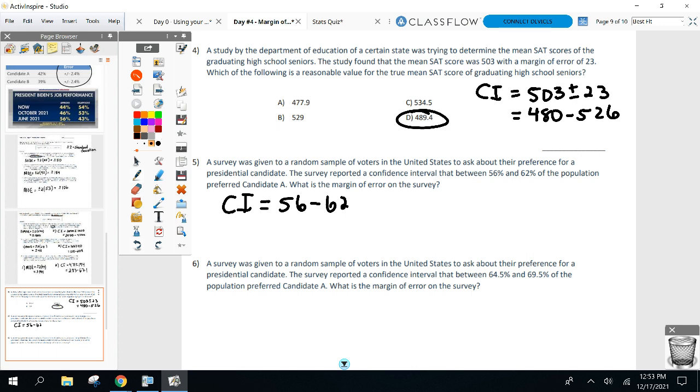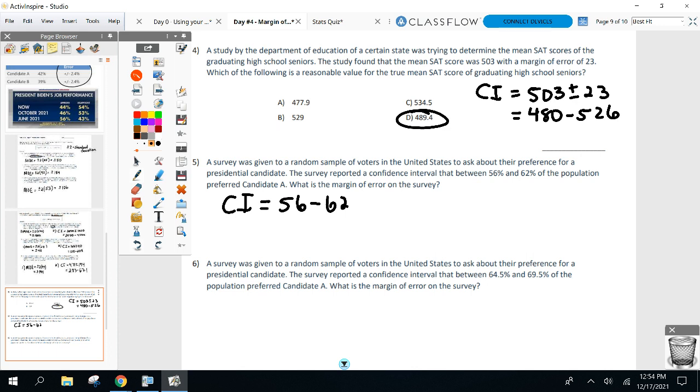My interval's 56 to 62. Lizzie, go ahead. What do you got? Divide by 2. What do you mean divide by 2? 56 minus 62 divided by 2.